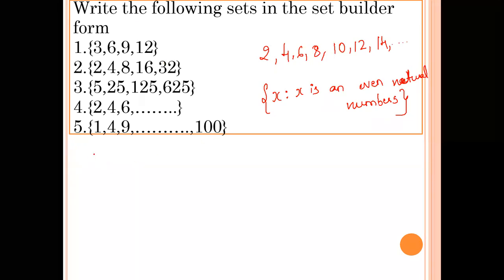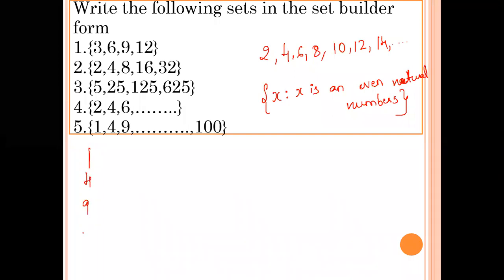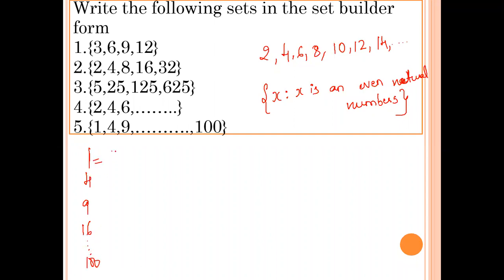We have the numbers 1, 4, 9, 16, like this up to 100, correct? So 1 can be written as 1 square. How can I write 4? 4 can be written as 2 square.